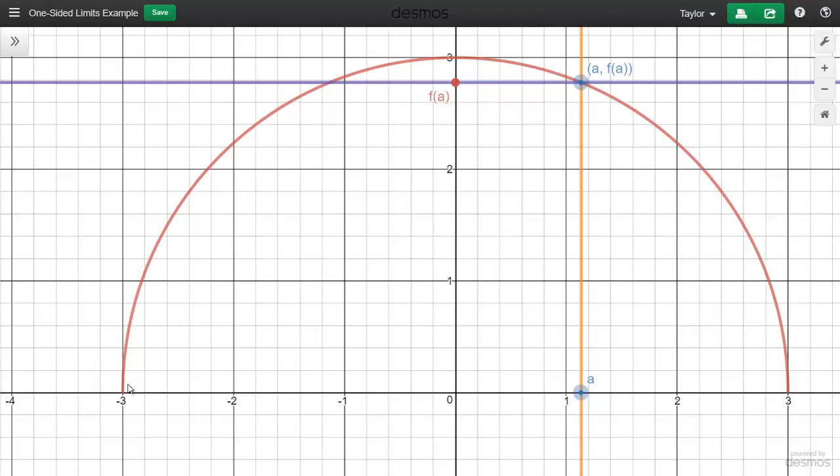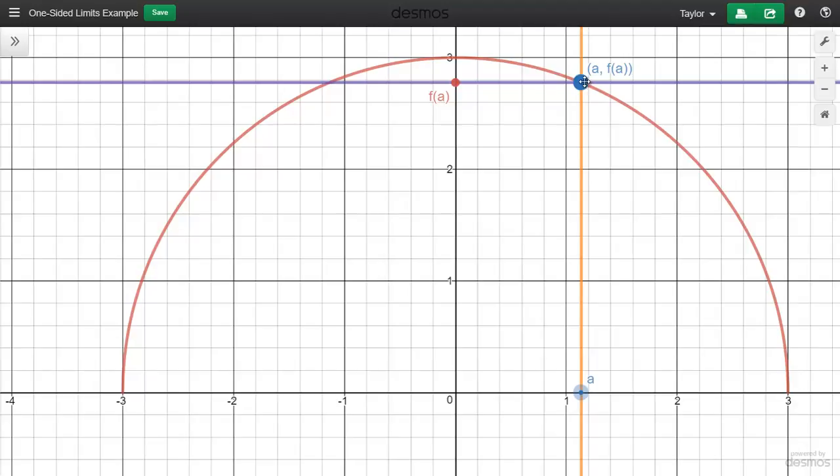Negative 3 is the furthest left-hand point in the domain of this function. We can't look at any value more negative than negative 3, because any such x value would result in a complex number, and we're only dealing in real numbers here.